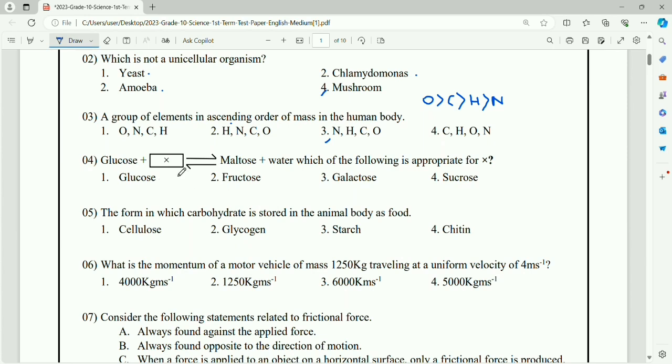Glucose plus X equals maltose plus water. This is the formation of a disaccharide. What would be X?